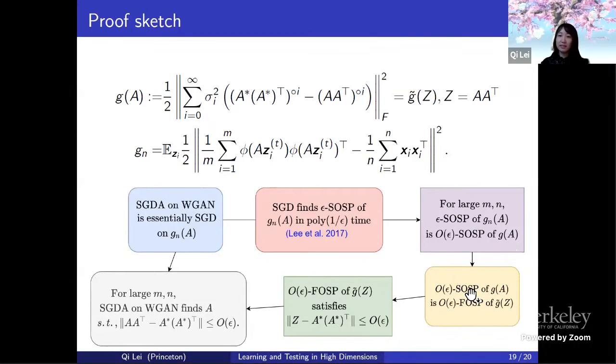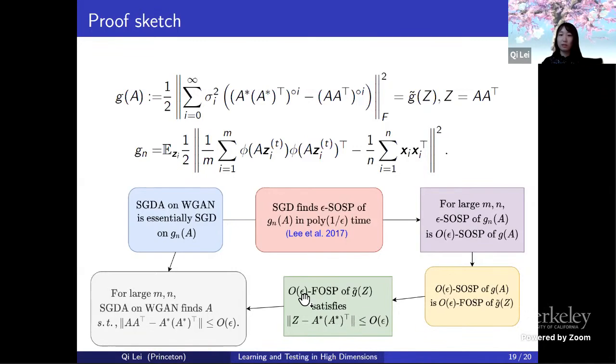And the second order stationary point of GA actually will be the first order stationary point of G tilde Z, the reparameterized form. And G tilde Z, as we talked about previously, has some good property that it has a unique stationary point of A star transpose.